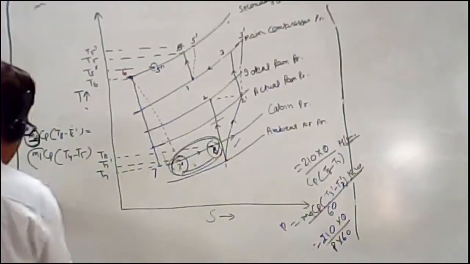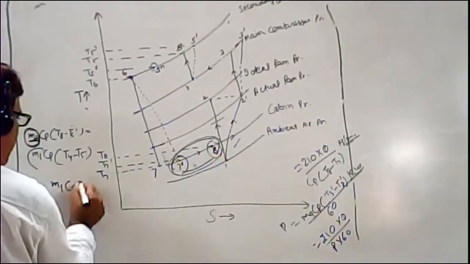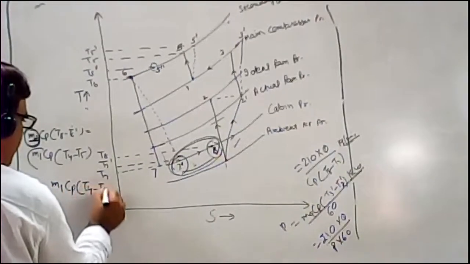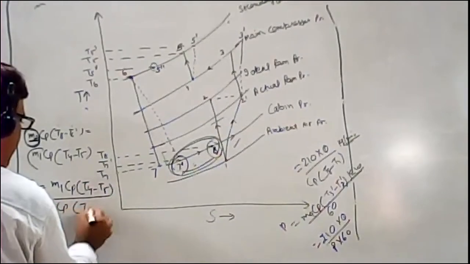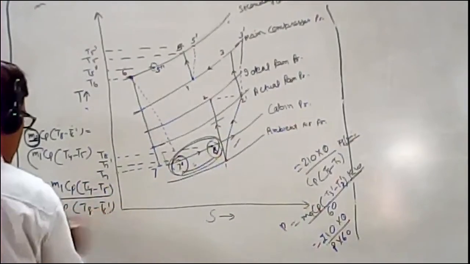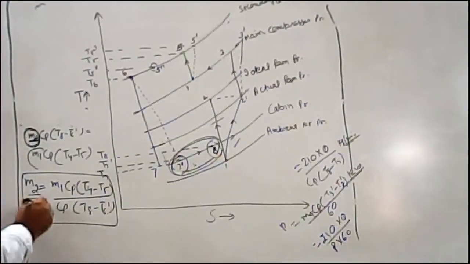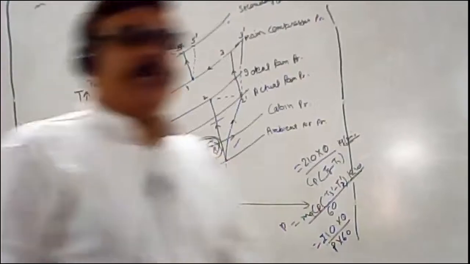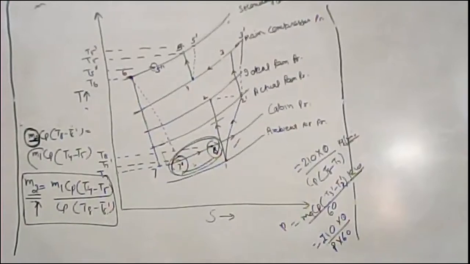That will be equal to M1 into Cp T4 minus T5 divided by Cp into T8 minus T6 dash. So this is the formula for how much air is passing through this regenerative type heat exchanger. Remaining everything is same.